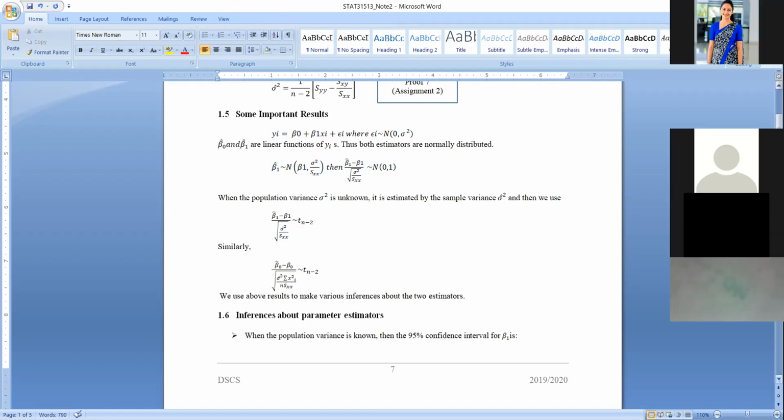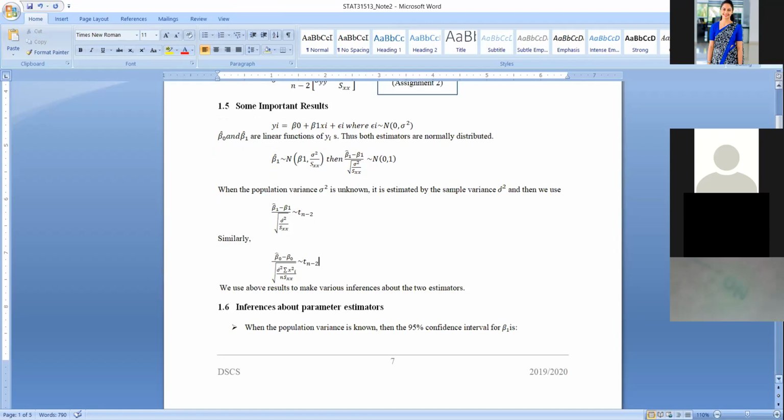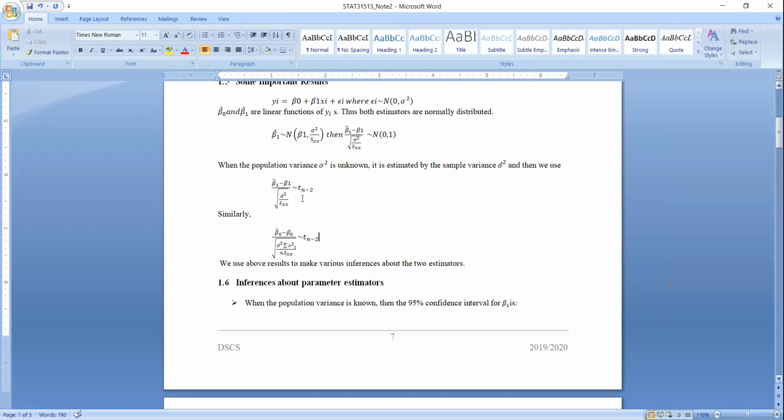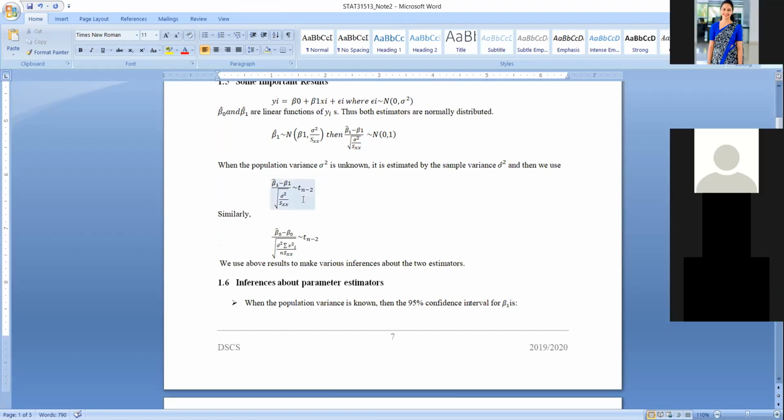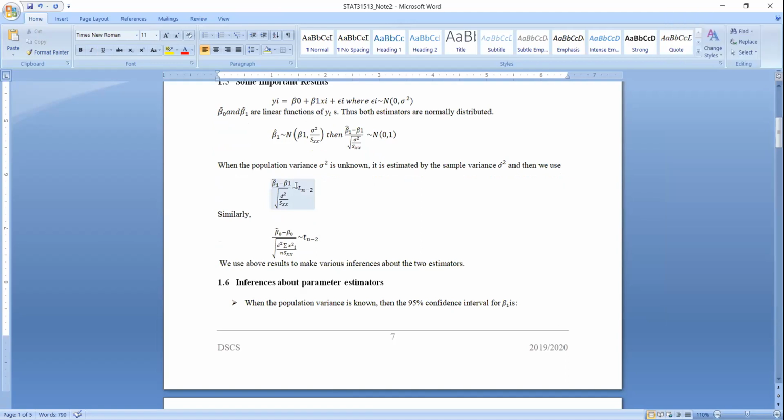Okay, so now in the same manner, we know beta 1 hat and beta naught hat both have normal distributions, right?